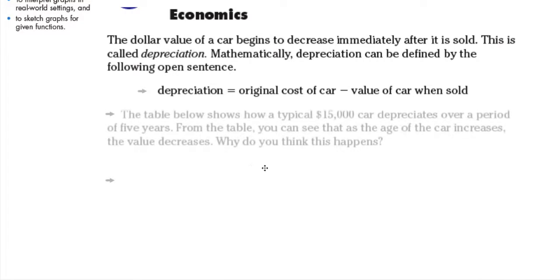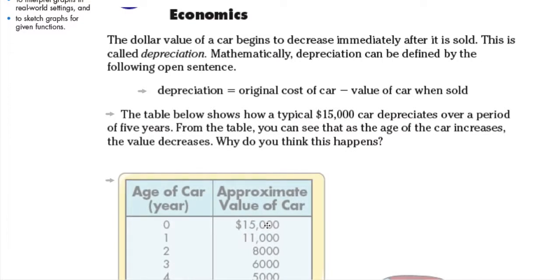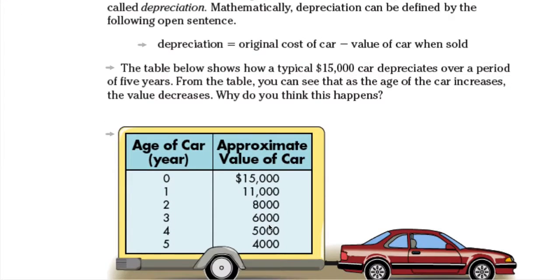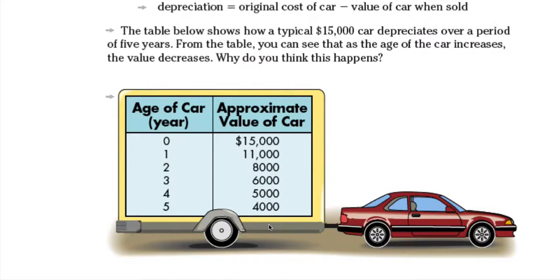So the table below shows how a typical $15,000 car depreciates over a period of 5 years. And from the table, you can see as the age of the car increases, the value decreases. Why do you think this happens? Because when you think about a car, the car has a lot of moving parts.